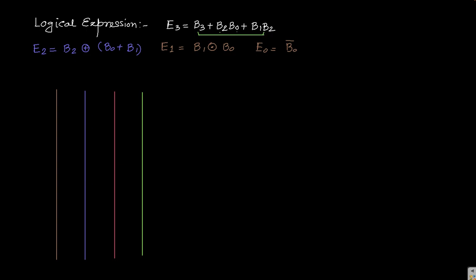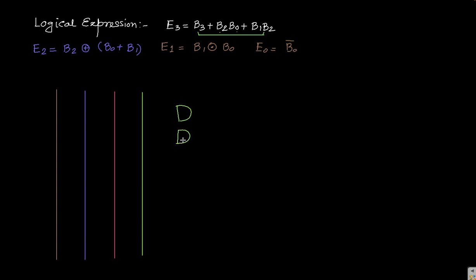So we have to take two AND gates. Here the two expressions are ANDed: one for B2 B naught and one for B1 B2.